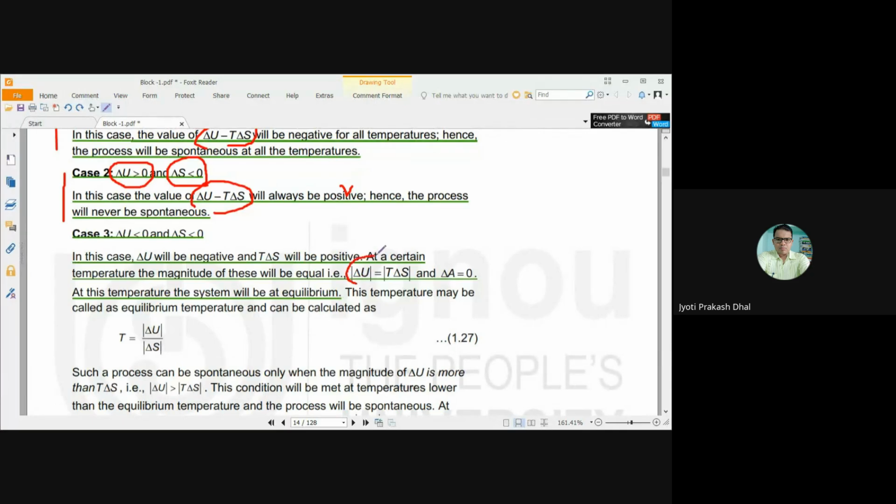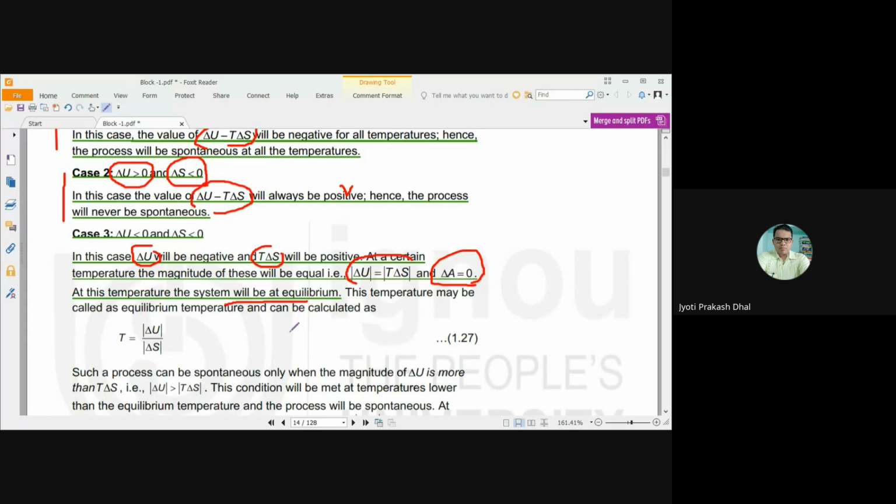In that case, magnitude of del U will equal magnitude of T del S, so del A will be equal to 0 and the system will be in equilibrium.